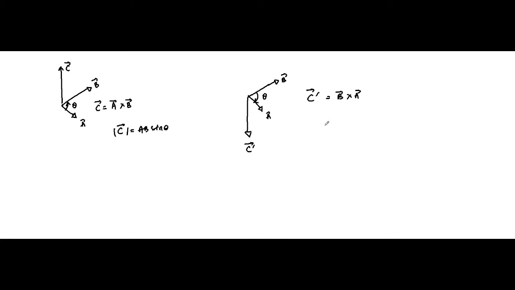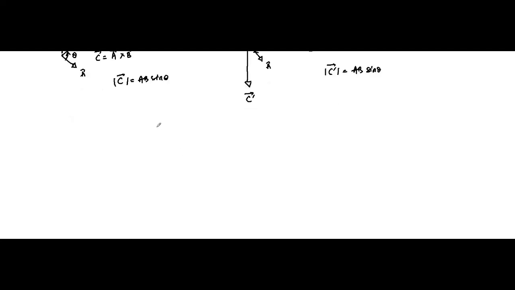Magnitude will stay the same, that is, C dash vector magnitude will also be AB sine theta, only the direction will be reversed. Now we'll be discussing some properties of cross product or vector product.